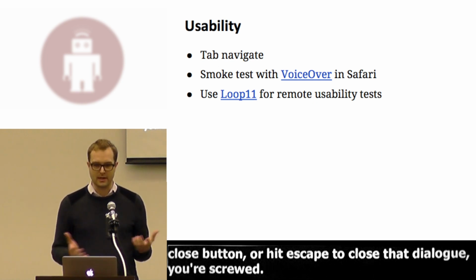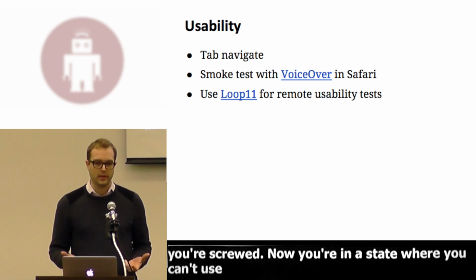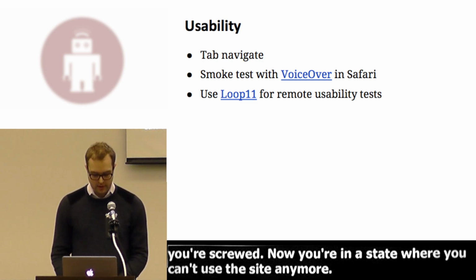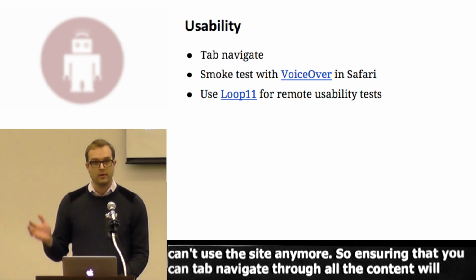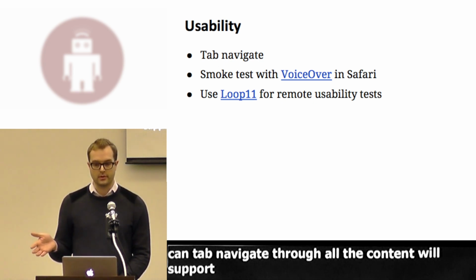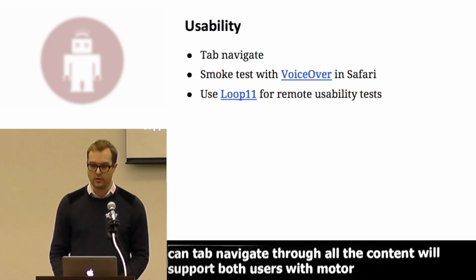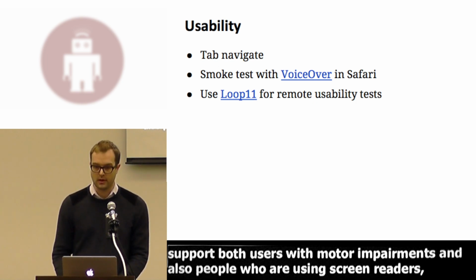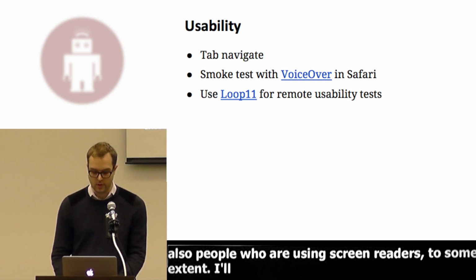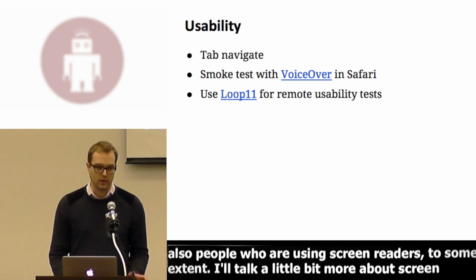Now you're in a state where you can't use the site anymore. So ensuring that you can tab navigate through all of the content will support both users with motor impairments and also people who are using screen readers to some extent. I'll talk a little bit more about screen readers in a moment, but that will cover a lot of bases.